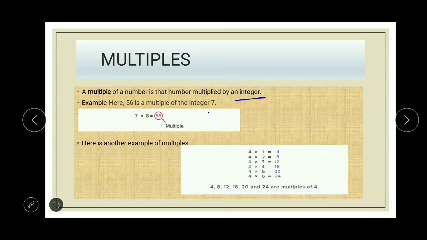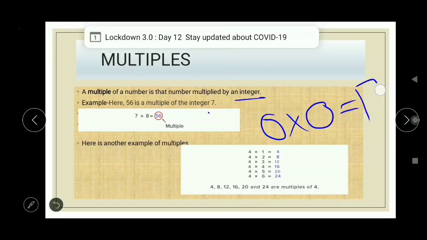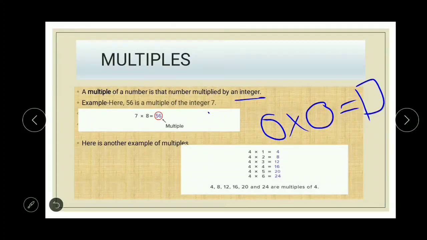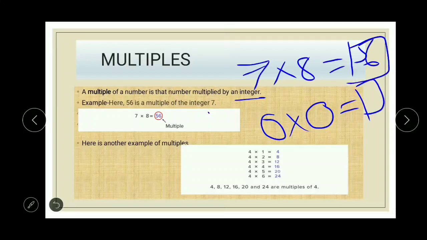Whatever the number is, it will be multiplied by a number and we will get a multiple of that. Suppose 56 is a multiple of 7. If we multiply 7 by 8, then we will get 56, which is a multiple of 7, and this is a multiple of 8 also.